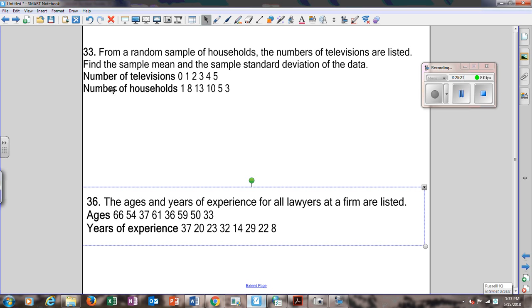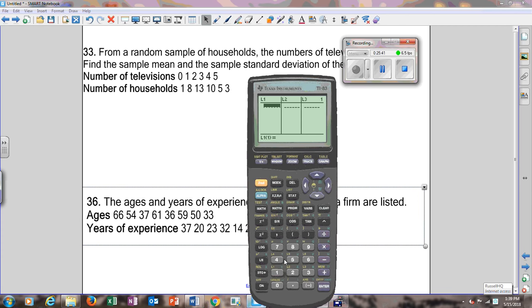From a sample of households, the number of televisions are listed. Find the mean and the sample standard deviation of the data. Okay, for this one, you have to set up more than one stats list.